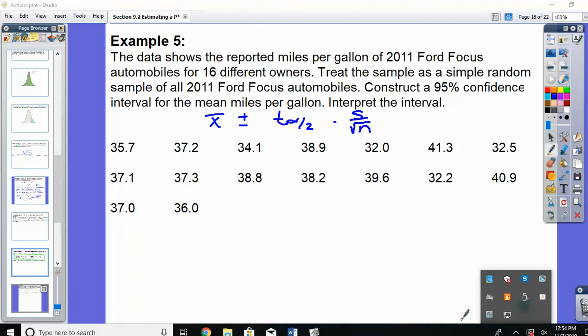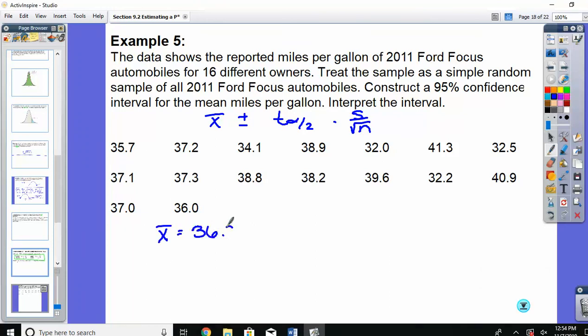If you enter through that screen, it should tell you your x bar and your s. So I got an x bar of 36.8 and an s of 2.917.